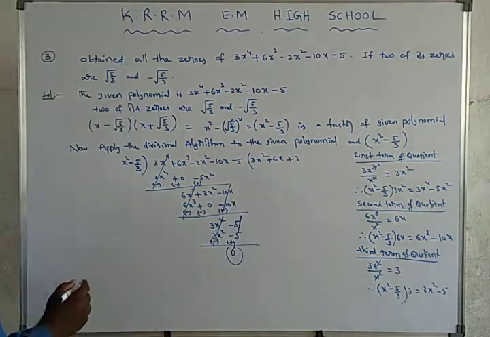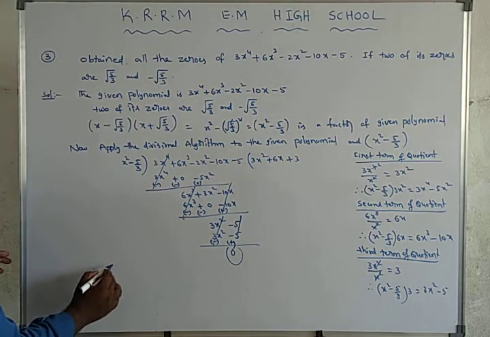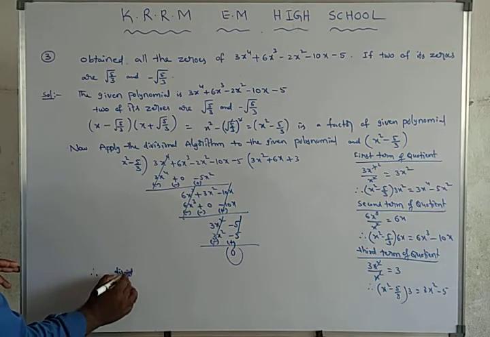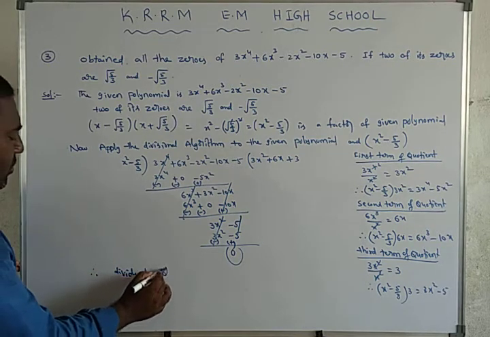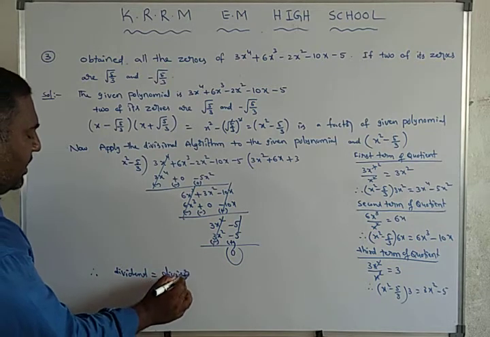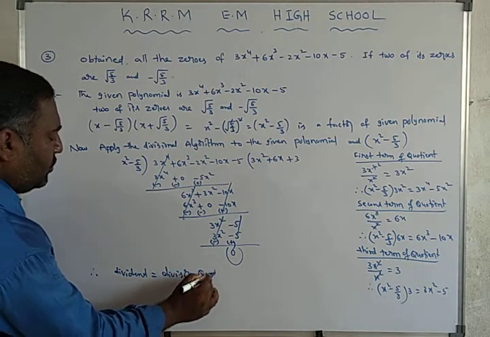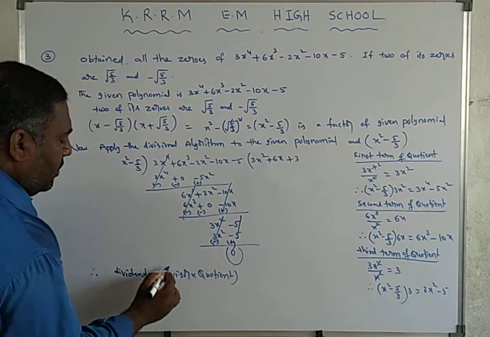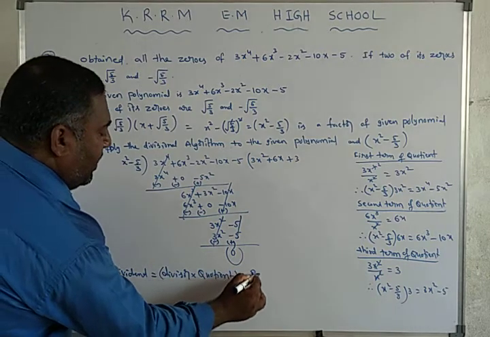So therefore, how to write? Dividend is equal to divisor into quotient plus remainder.